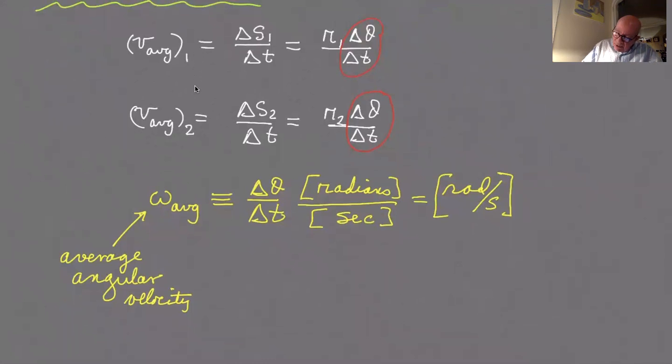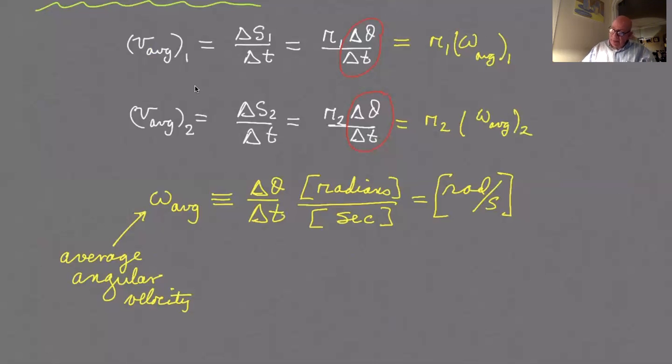Which means then up here, this is going to be R1 times omega average for 1, and this is going to be R2 times omega average for 2, okay?